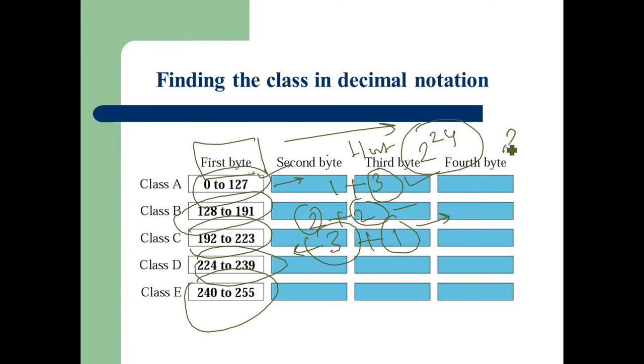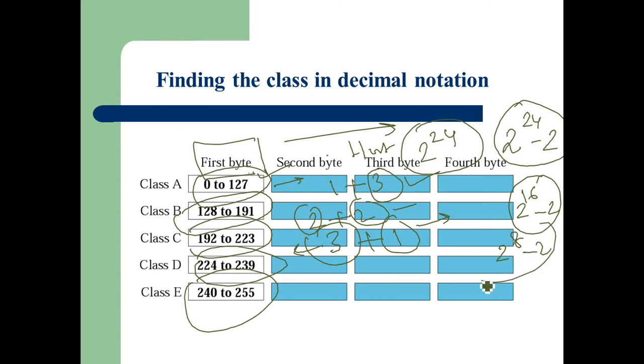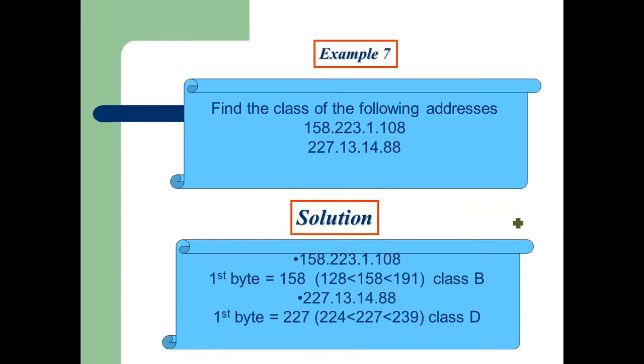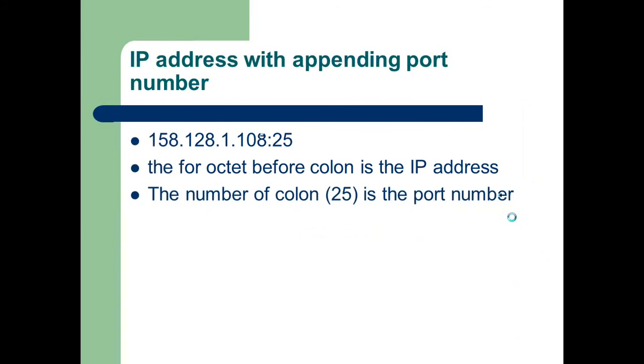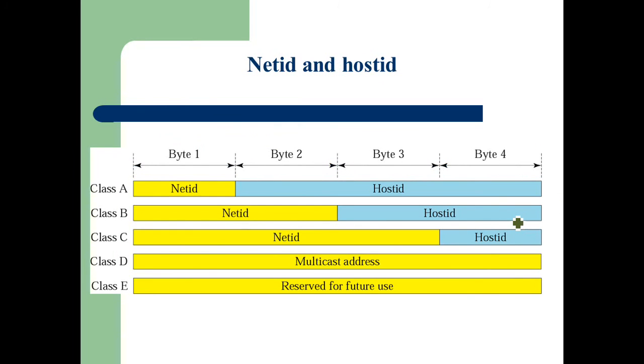So a single normal class A address, a classful address, should have 2 to the power 24 minus 2 number of hosts. In class B, it has to be 2 to the power 16 minus 2. In class C, it has to be 2 to the power 8 minus 2. Now that is what I was talking about. Class A, this first 8 bits, then the remaining 24 bits.